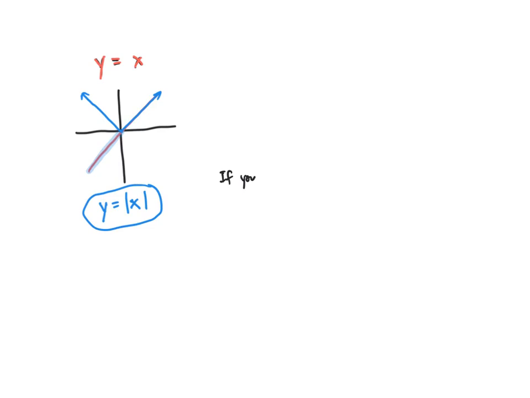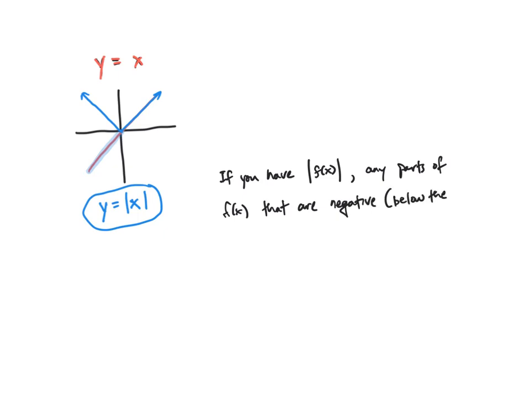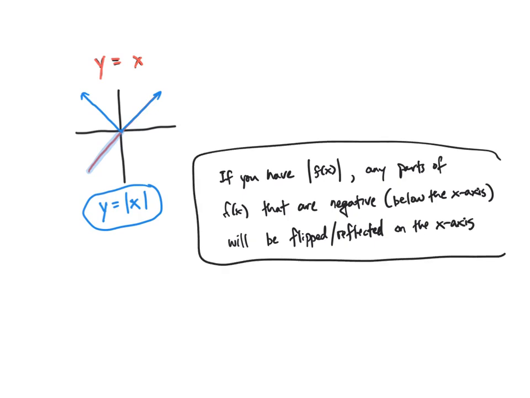So if you have an absolute value of some function, any parts of f of x that are negative, and what I mean by negative is below the x-axis, will be flipped or reflected on the x-axis. Okay, so that's an important graphical principle.